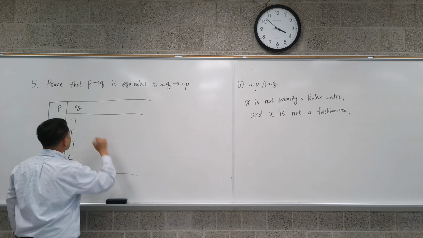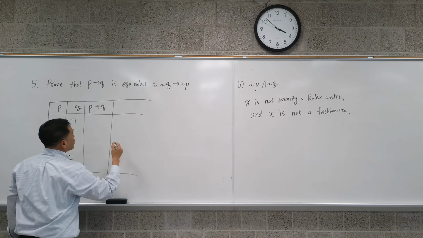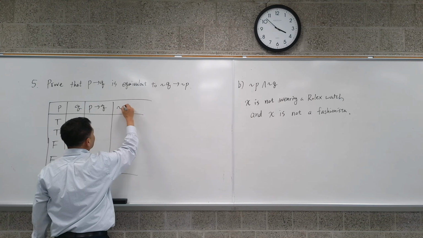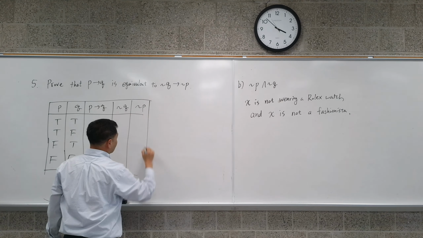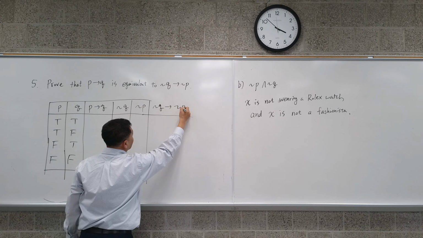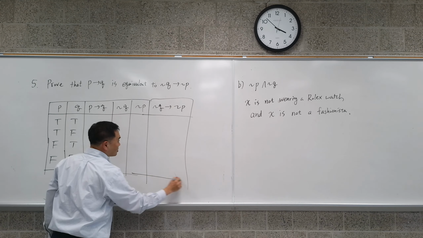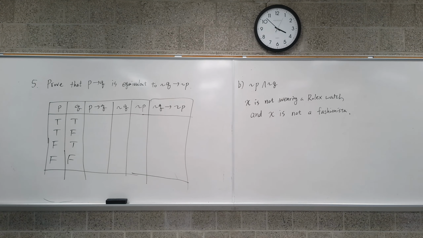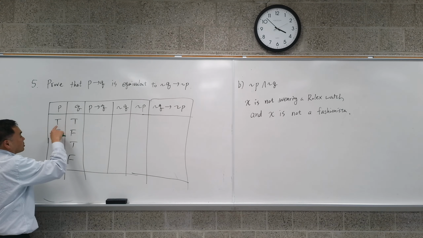Do that. And then P implies Q. And then you probably want to put not Q and then not P. And then also do not Q implies not P. I mean, these two columns are not necessarily needed, but if you have them, it's easier to fill in the others, okay?